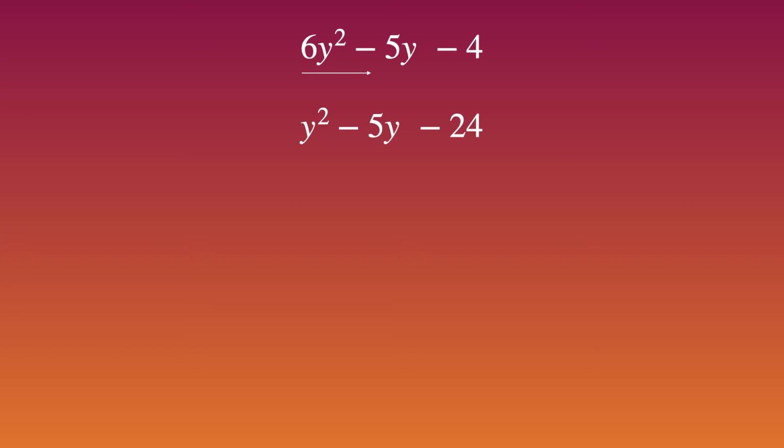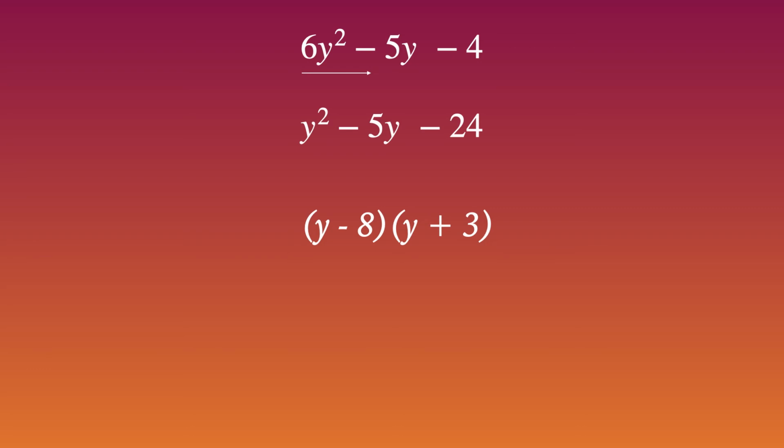Alright, so what two numbers multiply together to give me negative 24 and add up to negative 5? And I think it's negative 8 and positive 3. You could FOIL it right here just to check to make sure you're right, because if you go any further and you're wrong, you're going to make mistakes all over the place.